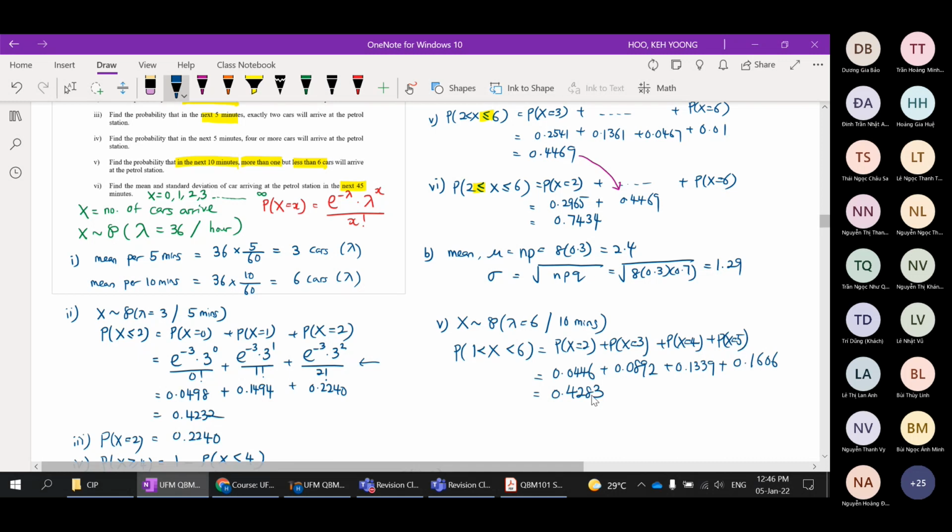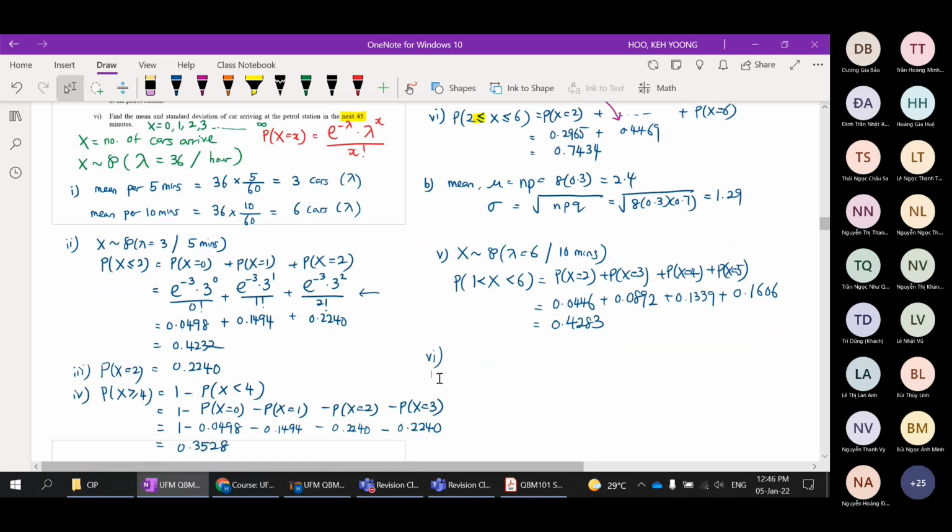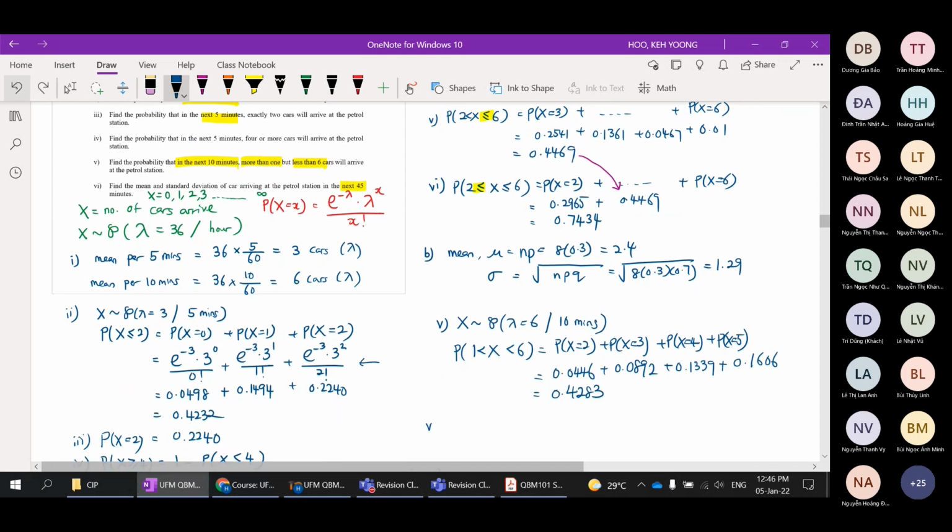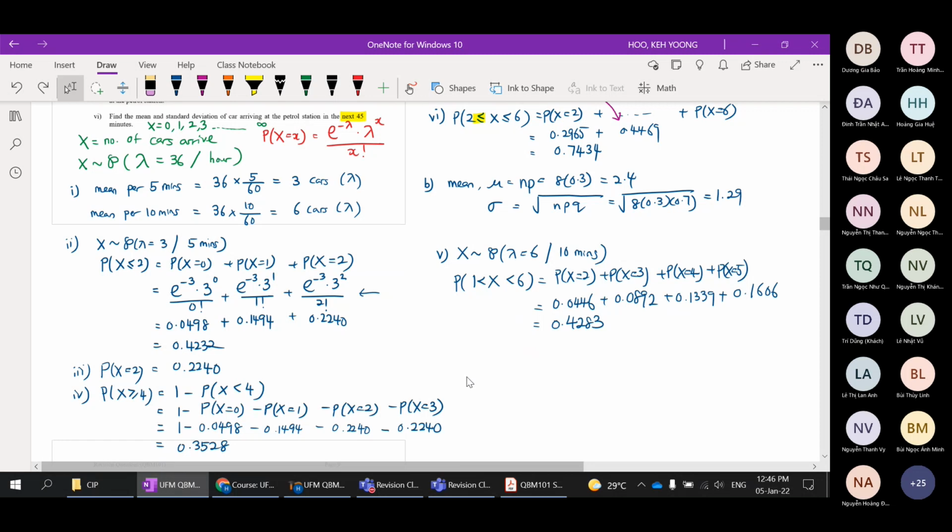Okay, the last question, 6. Find the mean and standard deviation of cars arriving at the petrol station in the next 45 minutes. So the time period now is 45 minutes. It will be the same like the first question. We have to adjust the mean, which is the lambda.